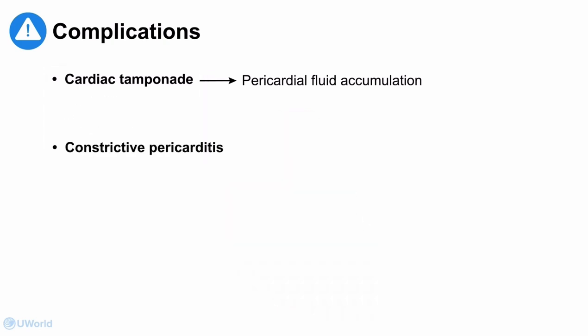Constrictive pericarditis can also develop over time due to persistent inflammation from chronic pericarditis or recurrent episodes of acute pericarditis. The resulting pericardial fibrosis impairs diastolic filling by restricting expansion of the heart, causing elevated venous pressure and potential heart failure.